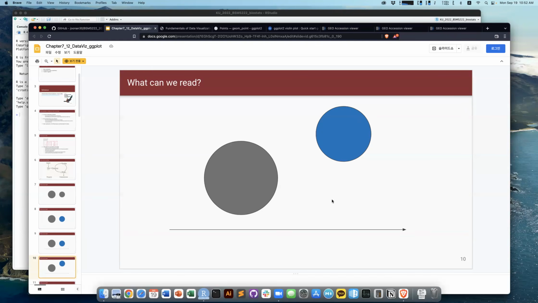If you look at the vertical layer here, the gray circle is a little bit lower than the blue circle. So they represent another quantity. In terms of circle size, blue has a smaller quantity than gray, but in terms of the vertical layer, it has a higher quantity than the gray circle.